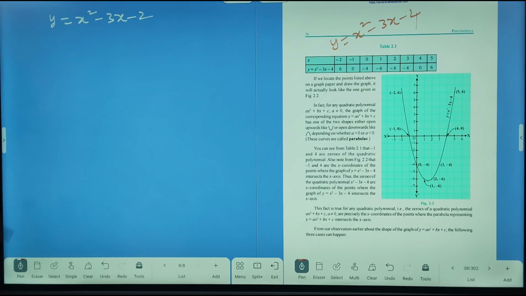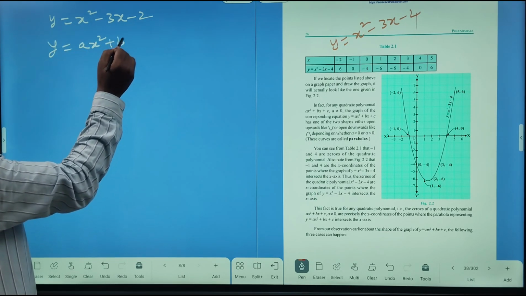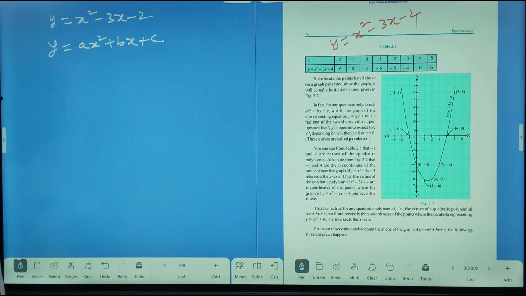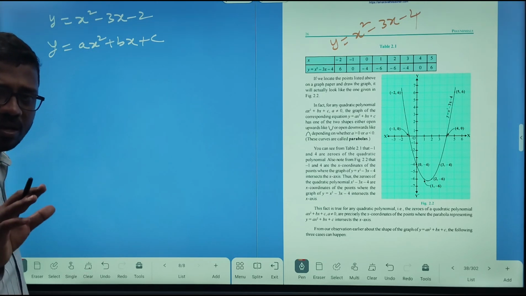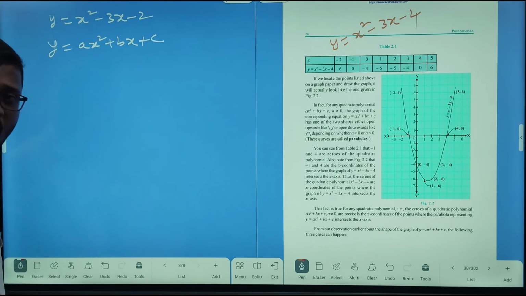Y equal to ax square plus bx plus c. This is in the form of y equal to ax square plus bx plus c, I already told you that earlier, the linear polynomial y equal to ax plus b gives the geometrical shape of a straight line. But the quadratic polynomial y equal to ax square plus bx plus c gives the geometrical shape of a parabola.